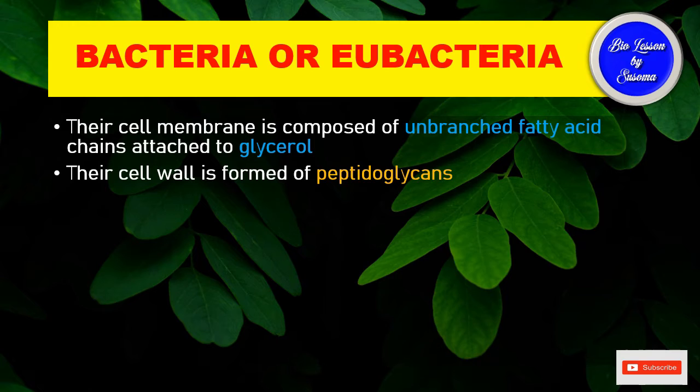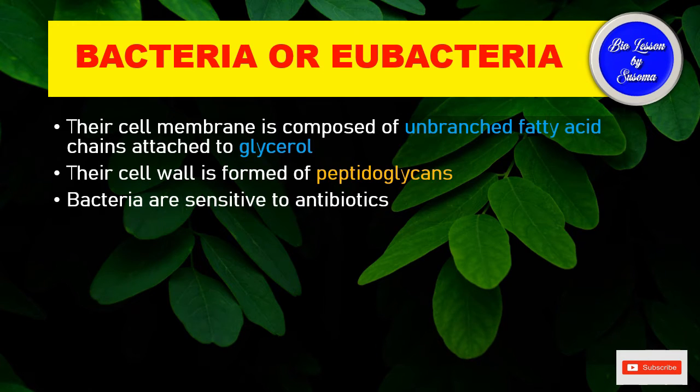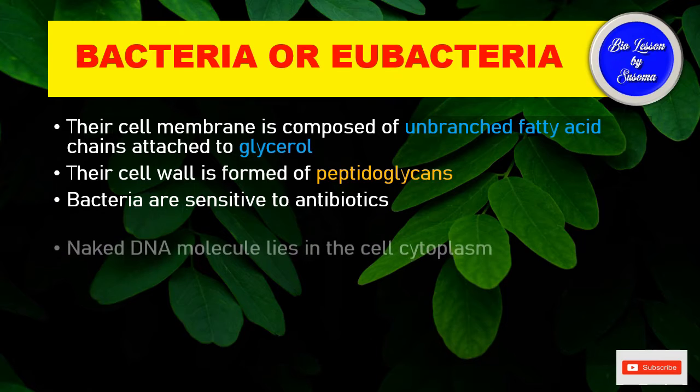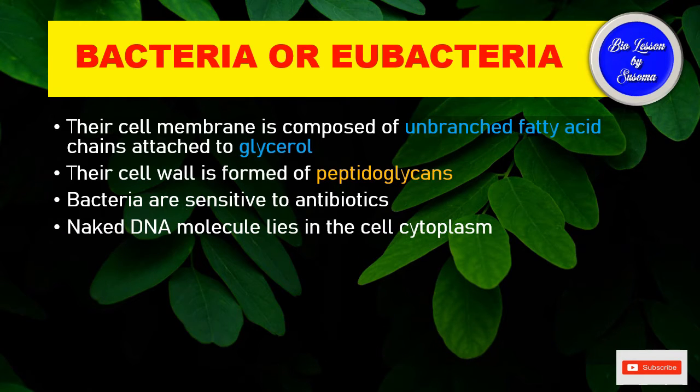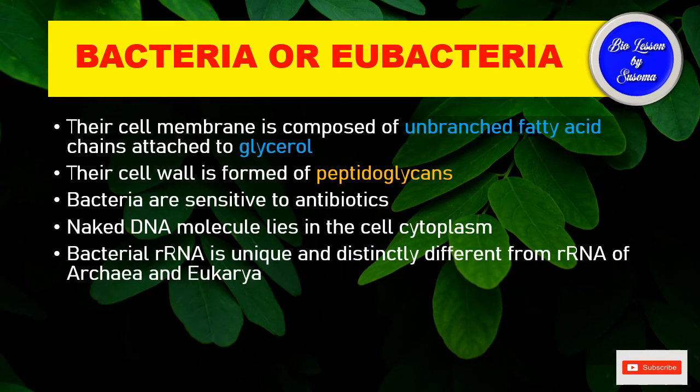Their cell wall is formed of peptidoglycans. Bacteria are sensitive to the antibiotics. Their naked DNA molecule lies in the cell cytoplasm. The bacterial rRNA is unique and distinctly different from the rRNA of the Archaea and Eukarya.